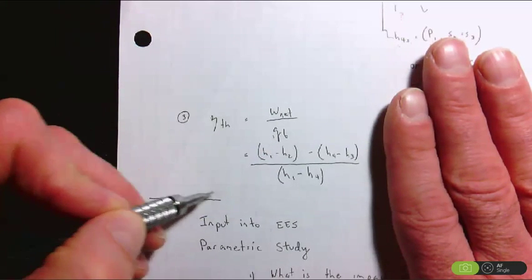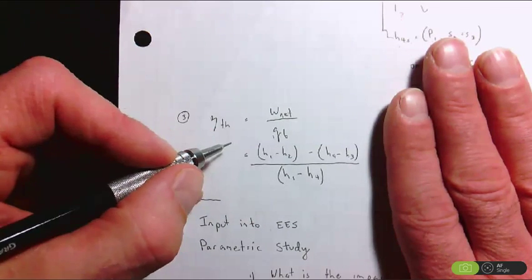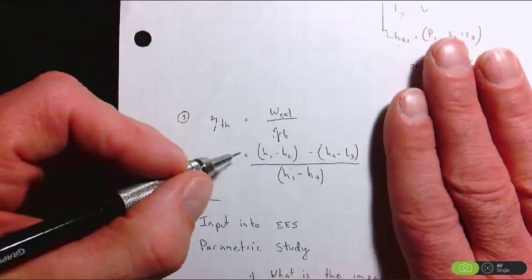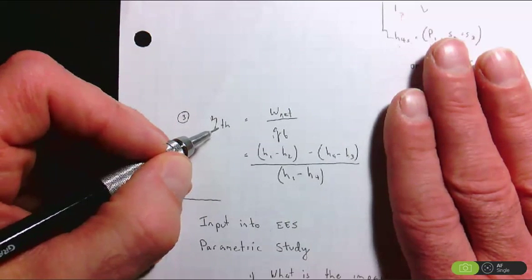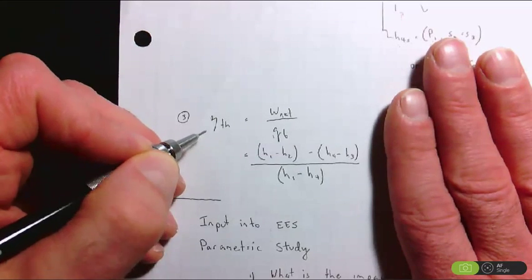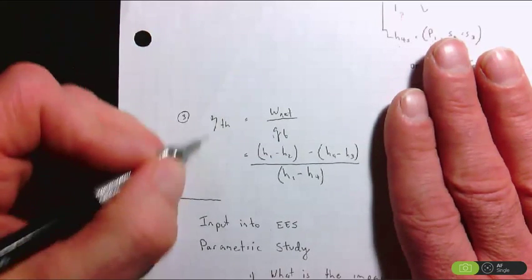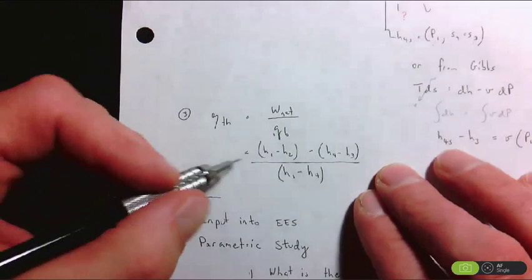This exercise of setting up all the equations for each of the components, from the pump to the condenser to the turbine and boiler, these equations can then be put into EES. And I'm going to show you that in the next video.